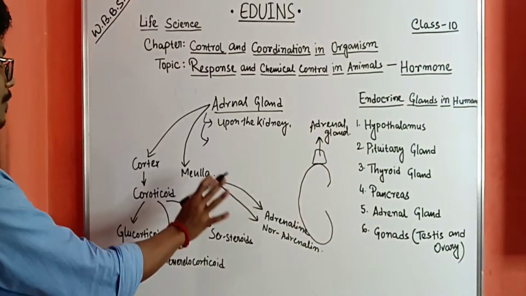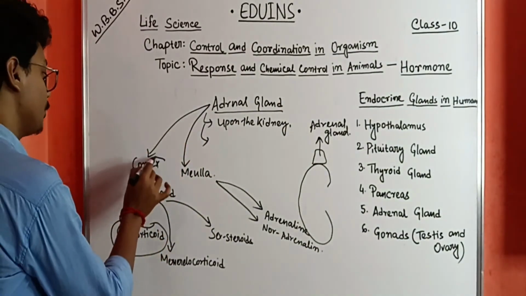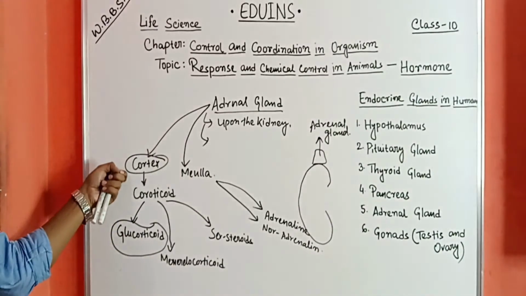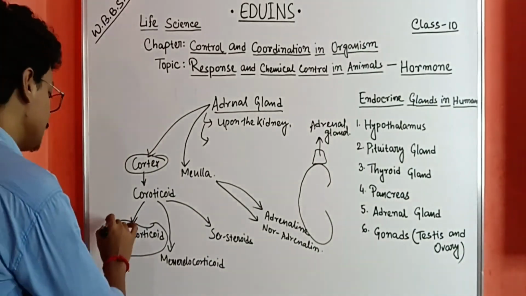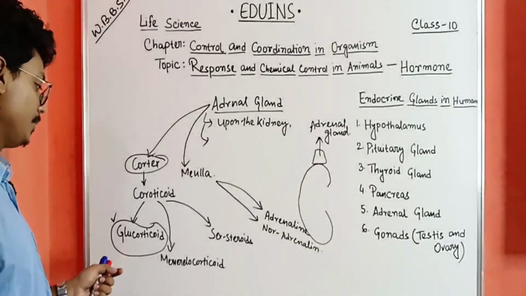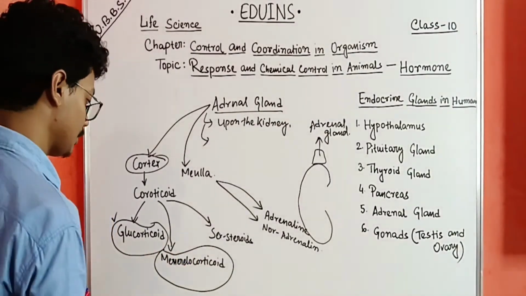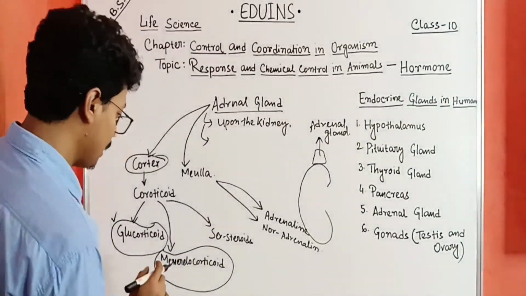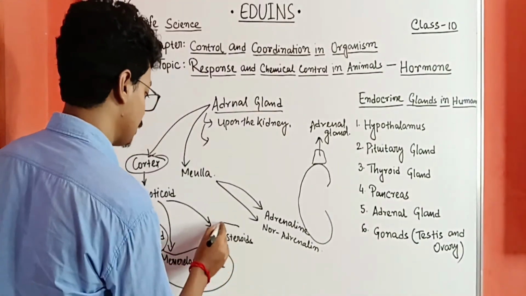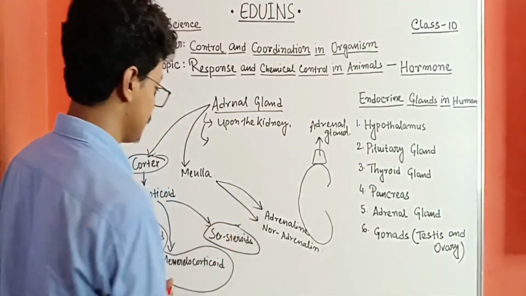So from these names, glucocorticoid, this cortex hormone, specially helps in metabolism. What metabolism? Glucocorticoid helps glucose metabolism. Mineralocorticoid helps in the minerals, and sex steroids are for the development of the sex organs.